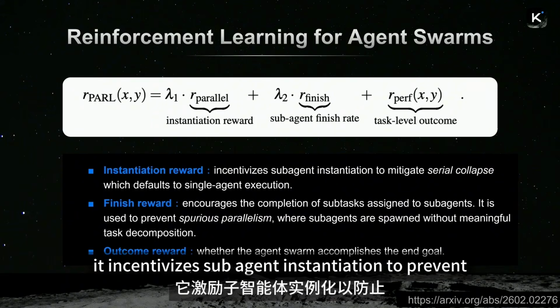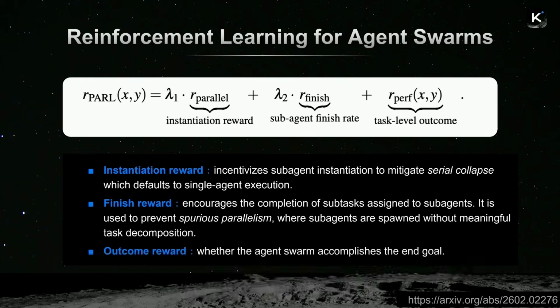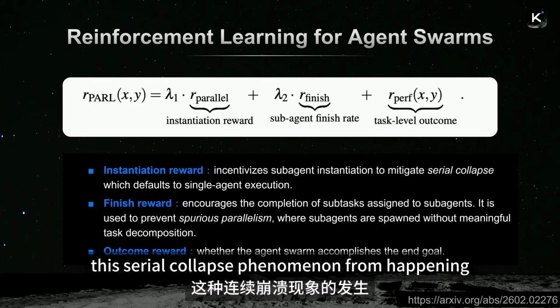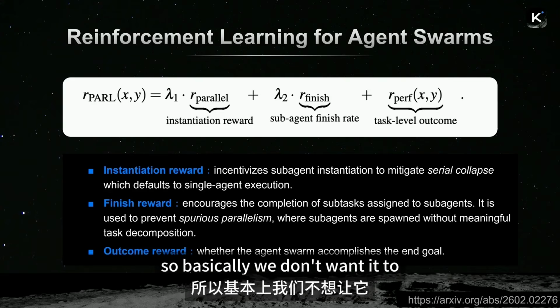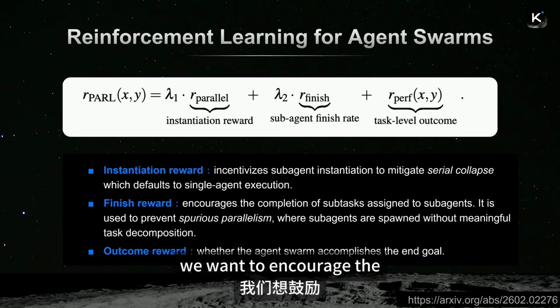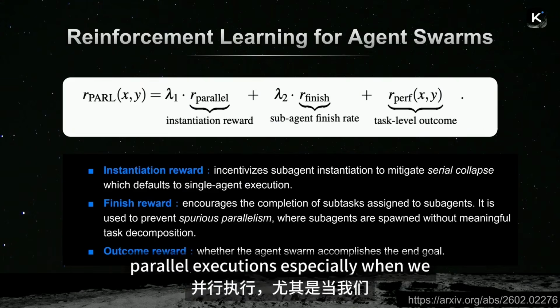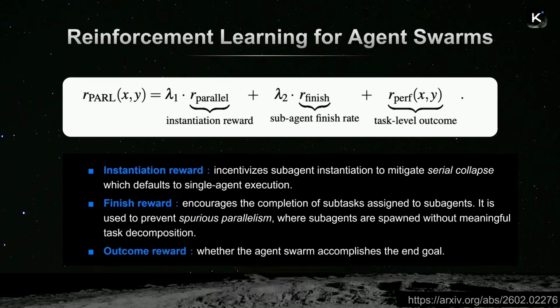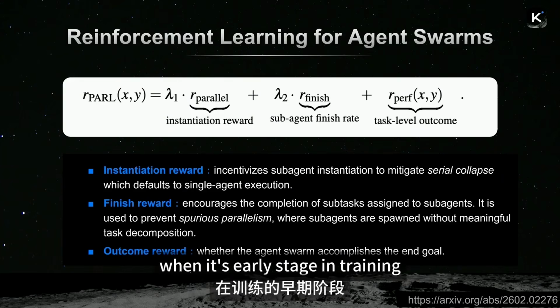It incentivizes sub-agent instantiation to prevent the serial collapse phenomenon from happening. Basically, we don't want it to default to single agent execution. We want to encourage parallel execution, especially early in training.